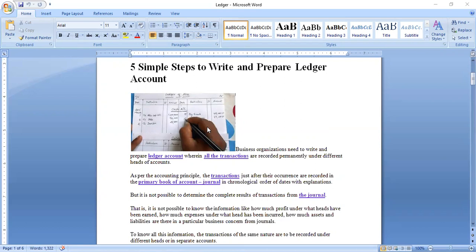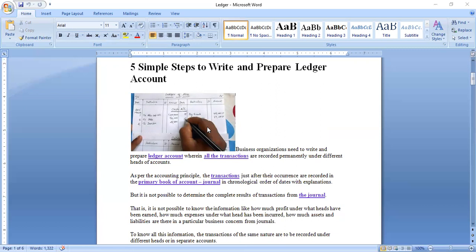But it is not possible to determine the complete result of the transactions from the journal, because in a journal book a lot of transactions are recorded in a day. If any user wants to know only today's sales volume, then this is a difficult task to collect from the journal book, because a lot of transactions occur each day, like sales, salaries, miscellaneous expenses, petty cash.